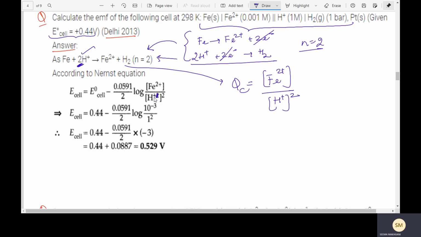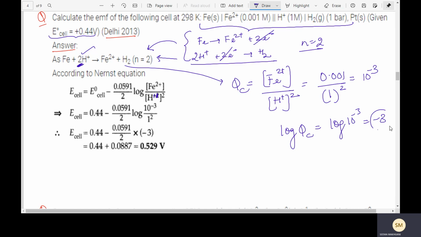So you have Fe2 positive in the numerator, H positive whole square in the denominator. The concentration of Fe2 positive is given as 0.001, the concentration of H positive is given as 1 molar to the power 2. So this is nothing but 10 to the power minus 3. Fine. And when we put QC in the Nernst equation, it is log QC. So your log of 10 to the power minus 3 will be nothing but minus 3.